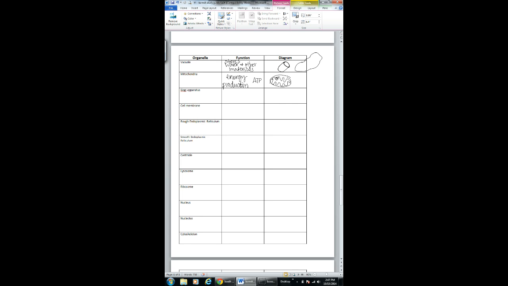The Golgi apparatus kind of looks like a whole bunch of circles squished together. So I like to draw it as circles squished together.